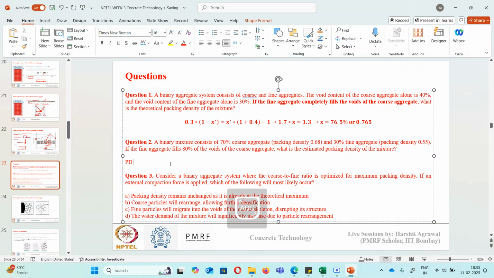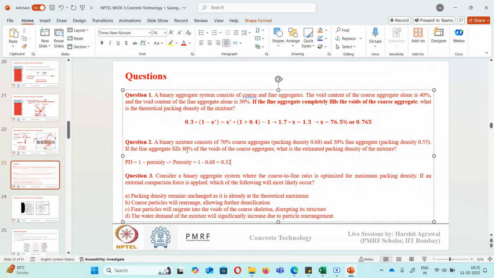Now I know packing density is equal to 1 minus void content, 1 minus porosity. So I can write that the porosity in my coarse aggregate is 1 minus packing density, which is 1 minus 0.68, which is equal to 0.32.